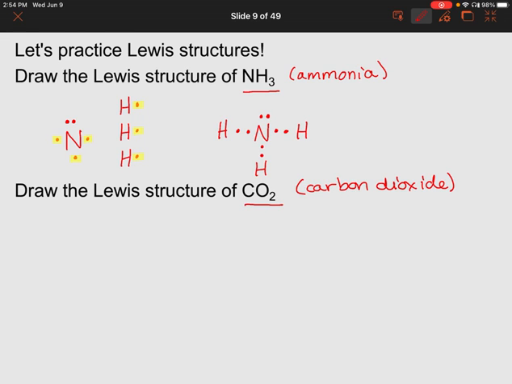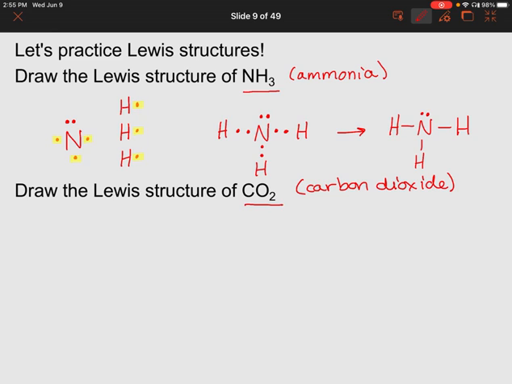Okay, and then remember, you could also draw lines in between atoms to indicate a covalent bond. So you could also draw this with 3 lines. But the lone pair of electrons we're going to keep as 2 dots because we want to make sure that we don't confuse that with, like, a negative charge, for example.